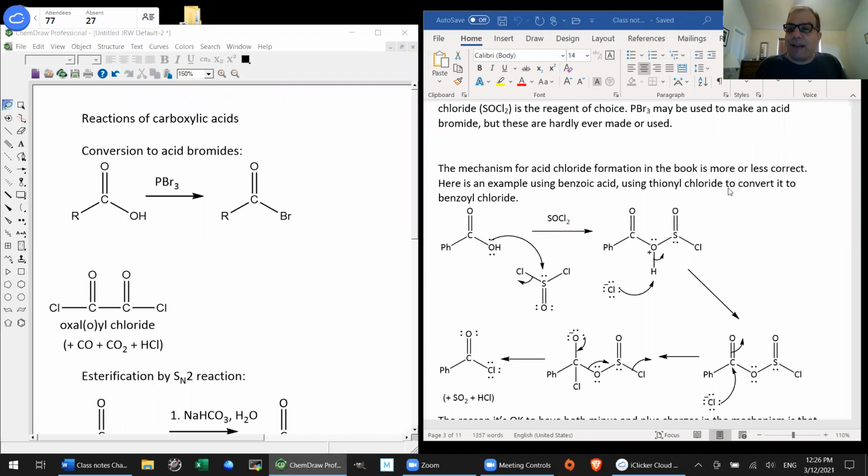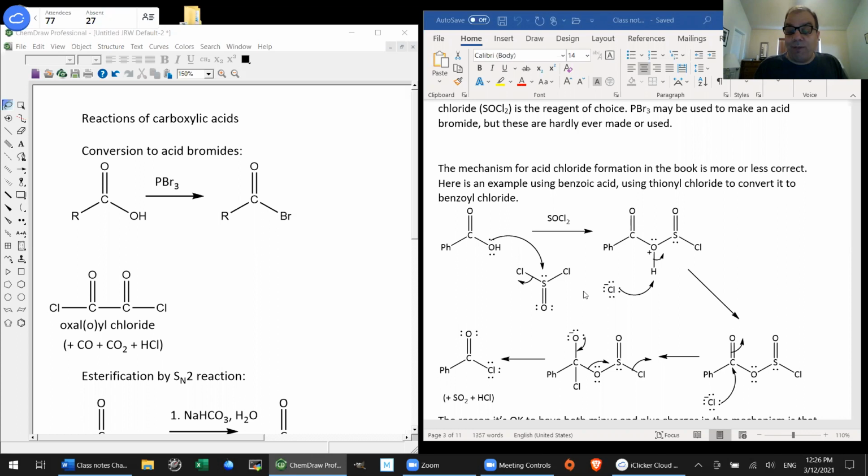We much more often are interested in converting a carboxylic acid to an acid chloride. I think the mechanism in your book is fine. And I'm working through it here using benzoic acid as an example. And so here's thionyl chloride, it's SOCl2. So it's important to know that structure, I would say. The only nitpick we might have with this mechanism is using a halide ion as a base.